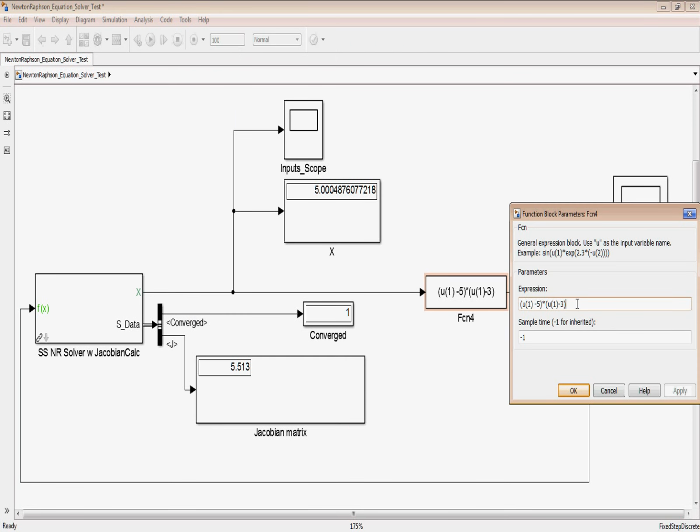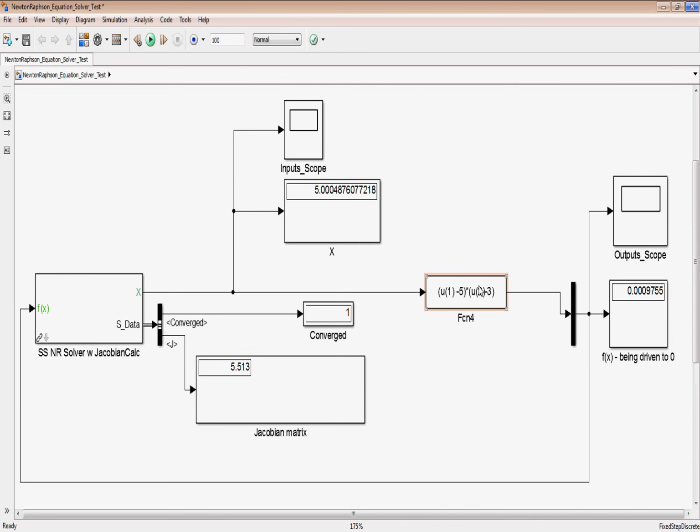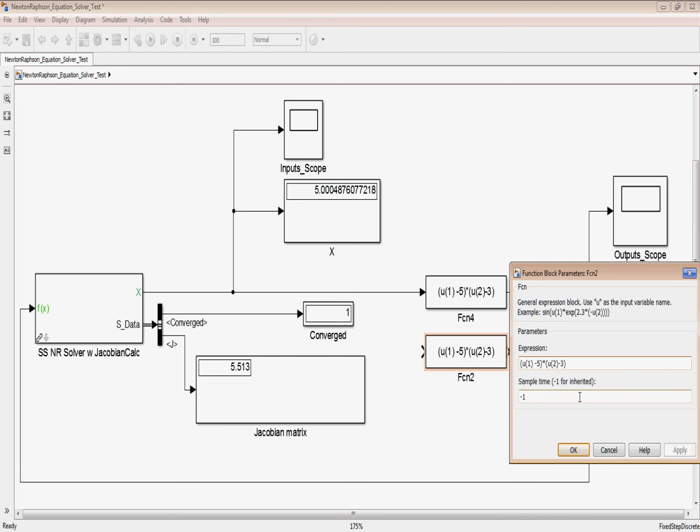Now I'd like to demonstrate it using two variables. One of the things that this solver can do is solve for more than one variable going in. So now we have a u1 and a u2. We'll call it that.